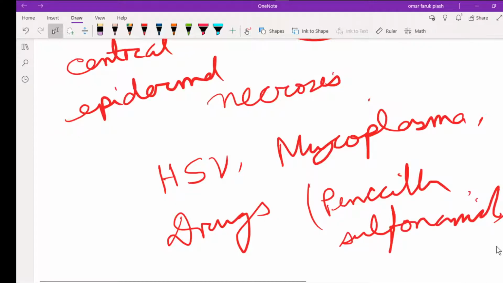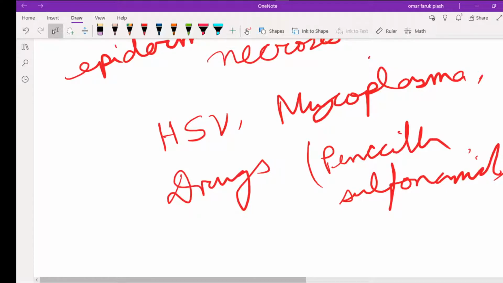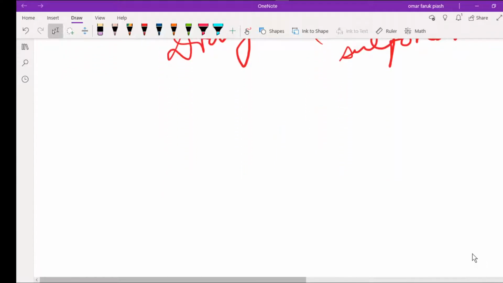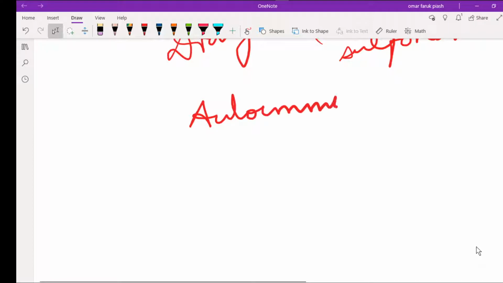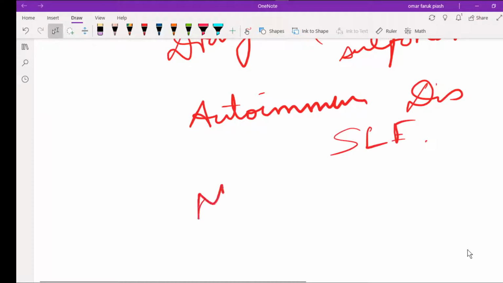There are also some autoimmune diseases like SLE, and malignancy.